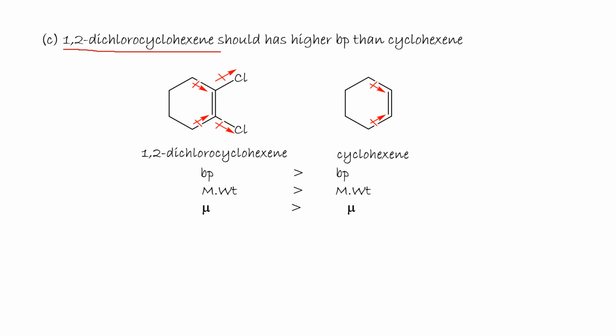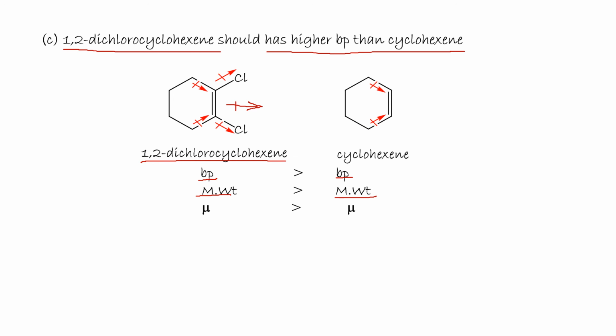1,2-dichlorocyclohexene should have a higher boiling point than cyclohexene. Again, this compound, 1,2-dichlorocyclohexene, has a dipole and higher molecular weight. So the boiling point will be higher than cyclohexene because the molecular weight is higher.